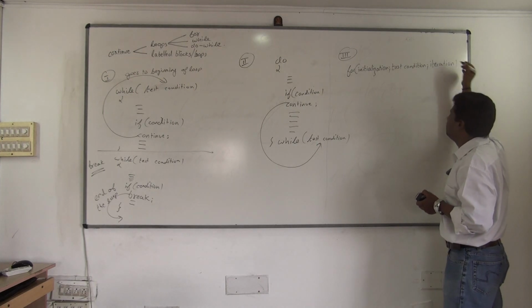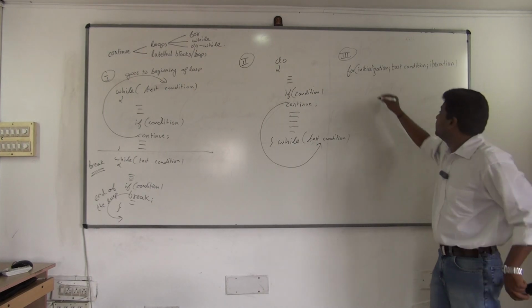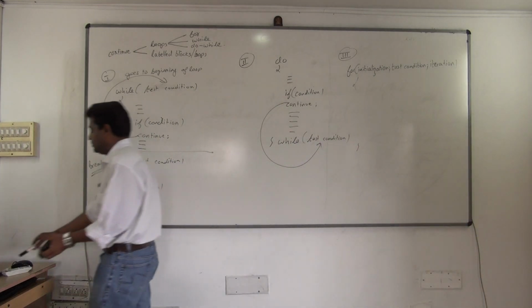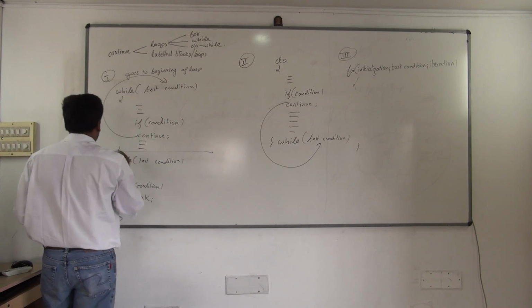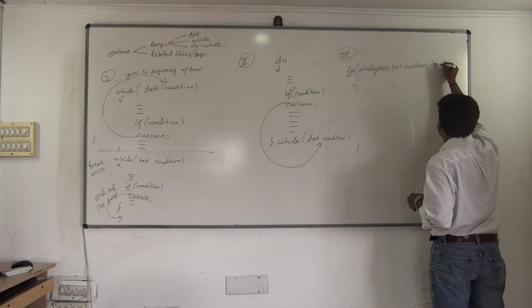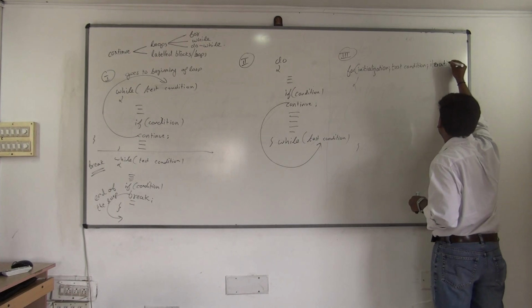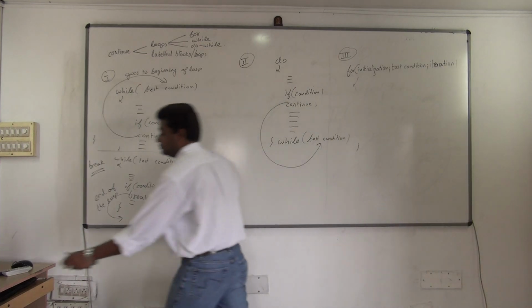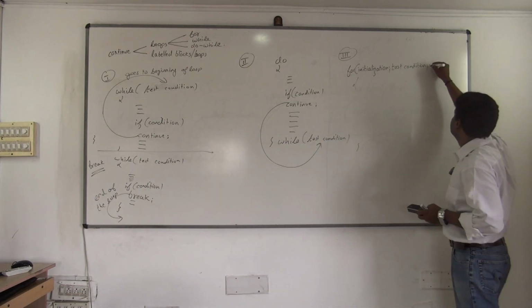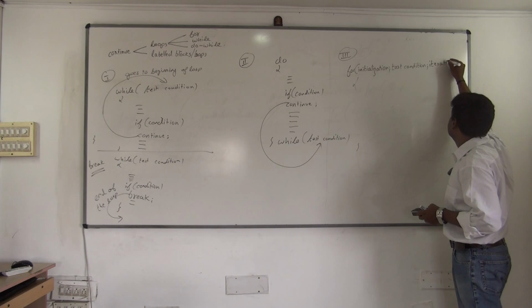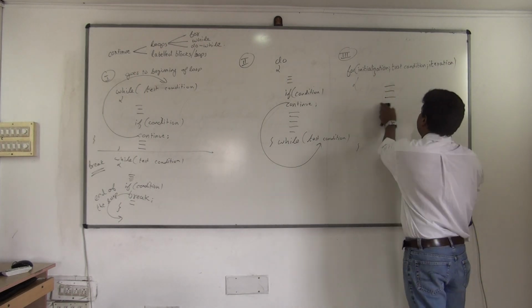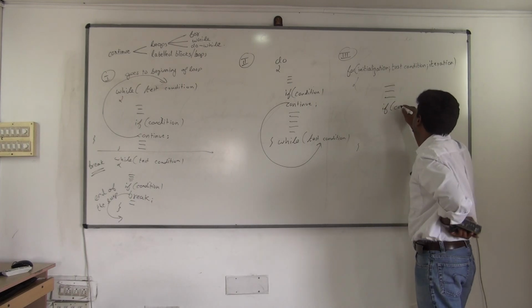It can be increment or decrement, that is secondary now. So you'll write some code and then you'll say if some condition, continue.